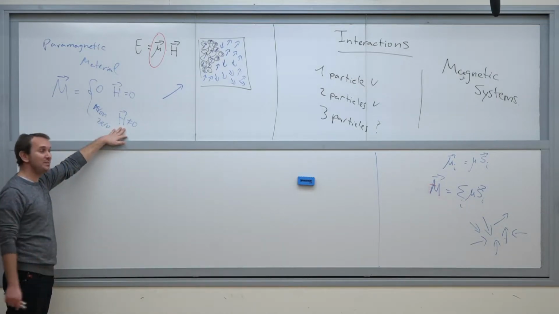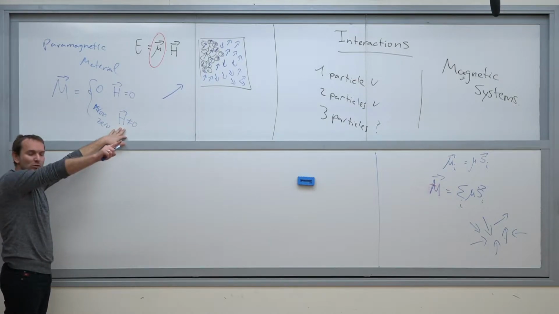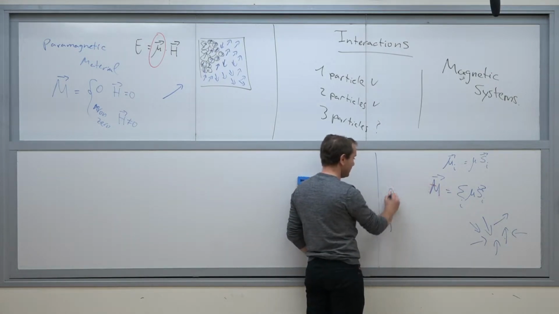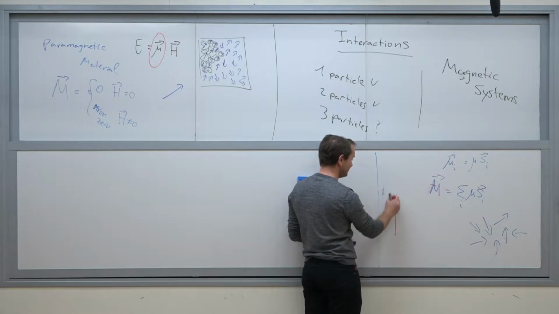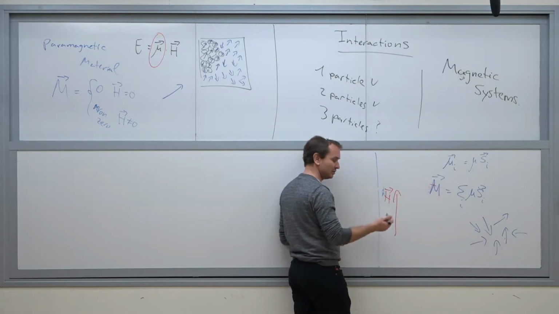Now, what happens if we turn up the external field? Immediately each of those spins will try to follow the direction of the external field. So if we have H in this direction, what will happen to the internal spins?